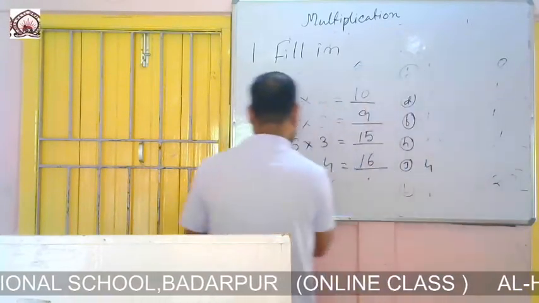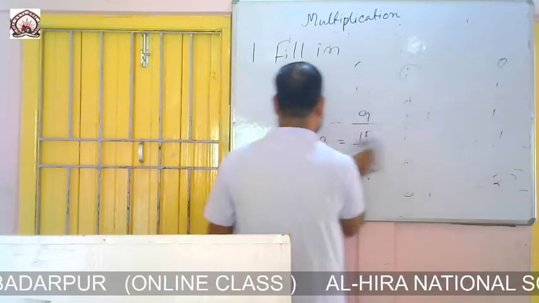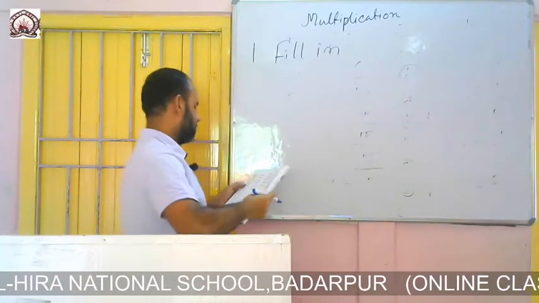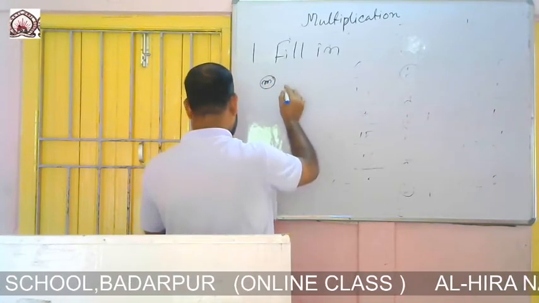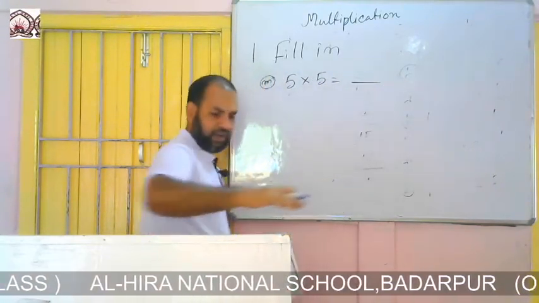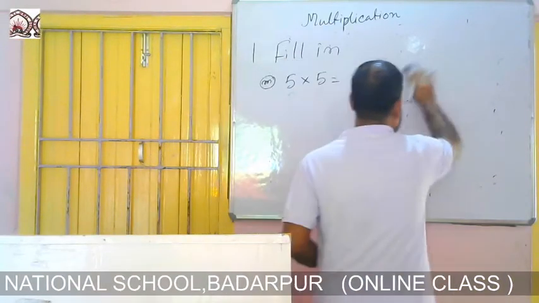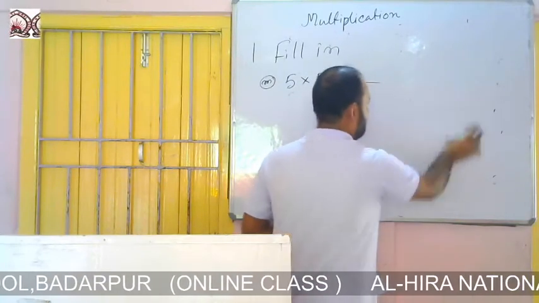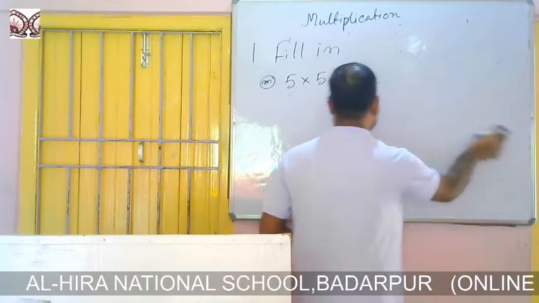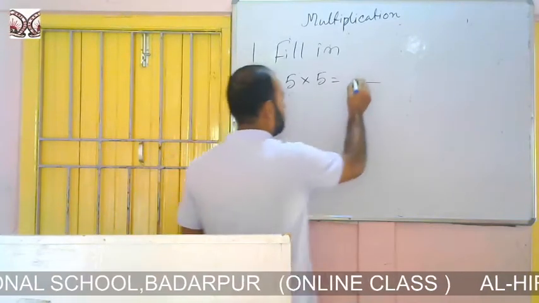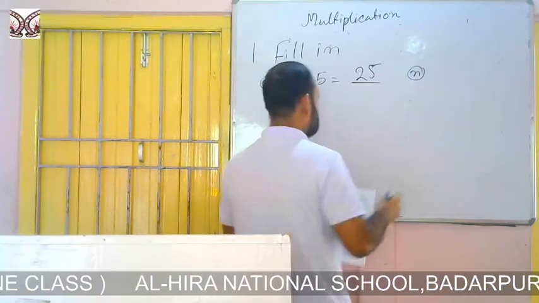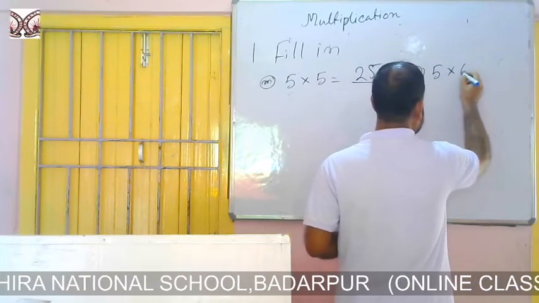Next, question number M. 5 into 5. We count table number 5. 5 1s are 5, 5 2s are 10, 5 3s are 15, 5 4s are 20, 5 5s are 25. 5 into 6.